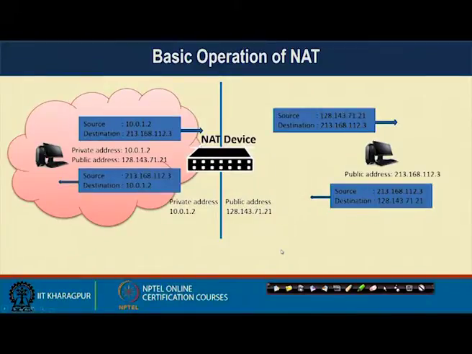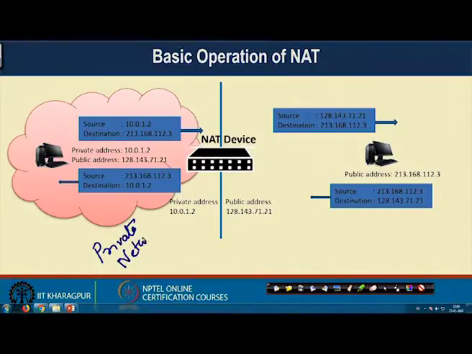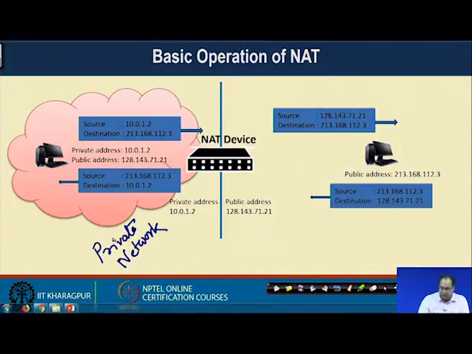Now, this is the basic operation of a NAT. NAT is nothing but a device, a router or a gateway, whatever you call it. On one side of the NAT we have a private network. This is my private network, and then I have my public network.